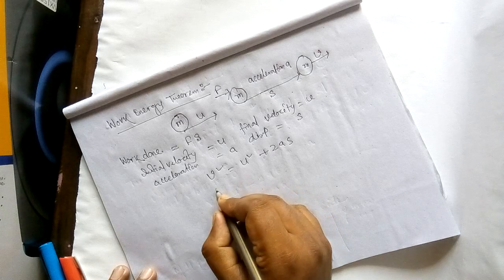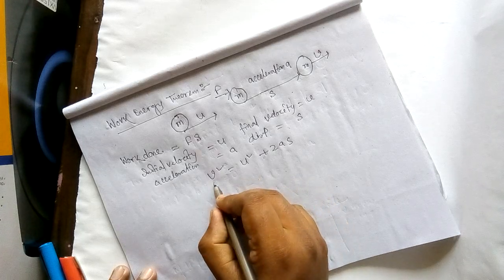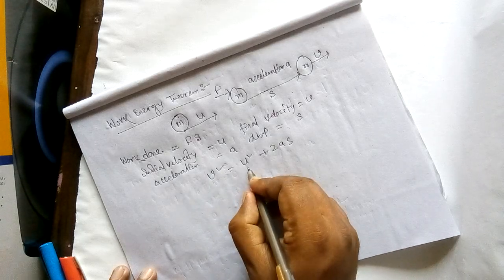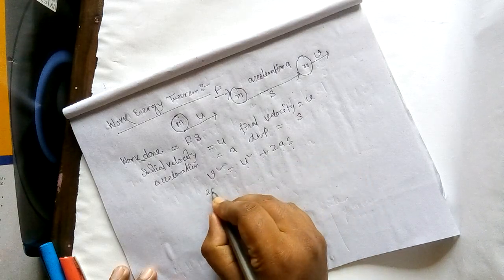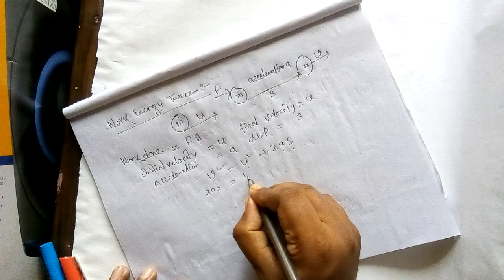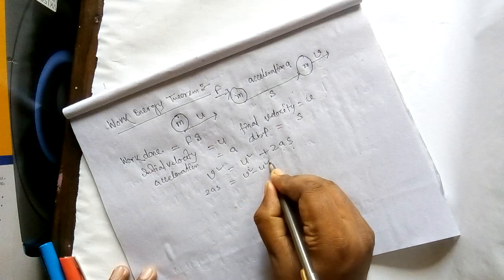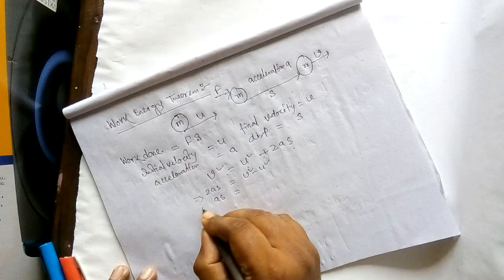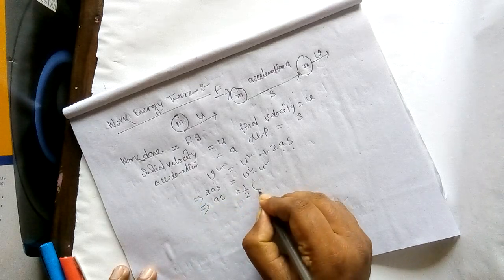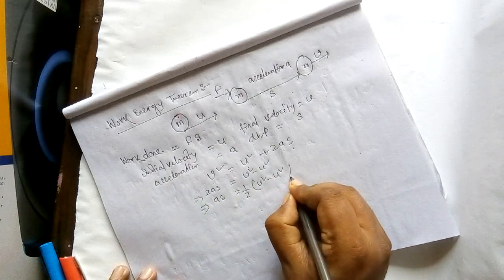If I put the values, final velocity is v, initial velocity is u, acceleration is a, and displacement is s. We can write that 2as equals v square minus u square, or as equals half of v square minus u square.